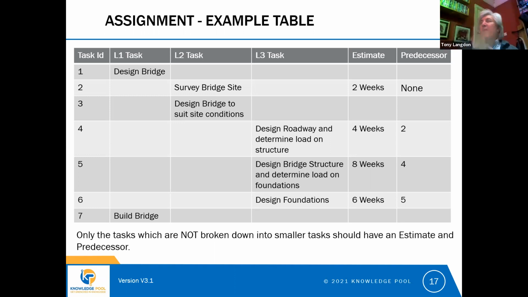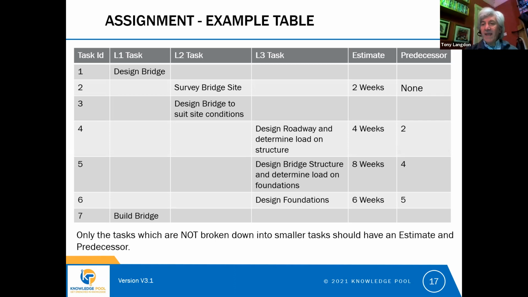So try to find some tasks that allow you to break them down into 3 levels like this, and estimate for the lowest level tasks how long each of those tasks will take, and then try to identify the predecessor task. Now, when we're thinking about the predecessor task, we're talking about the dependencies between tasks.